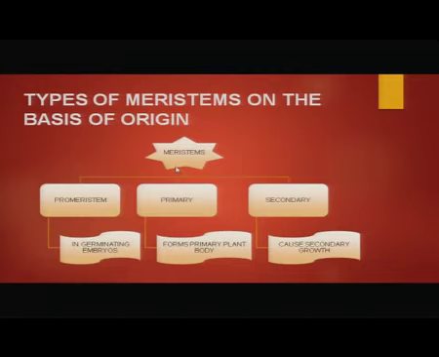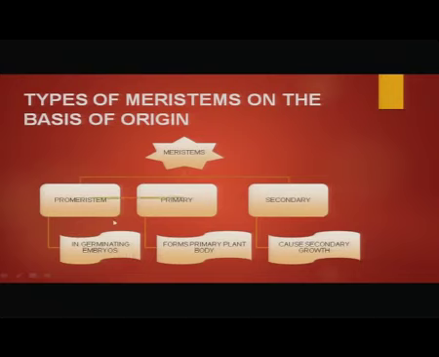When we talk about origin, the meristematic tissues can be divided into promeristems, primary meristems and secondary meristems. Promeristems are the ones present in germinating embryos or germinating seedlings when they are very young, and the derivatives of these meristems provide new cells for the plant body.